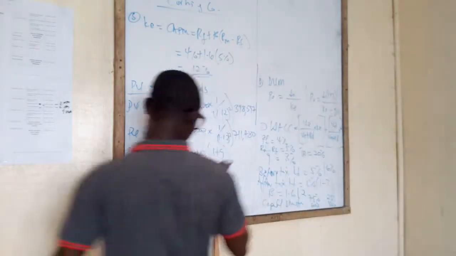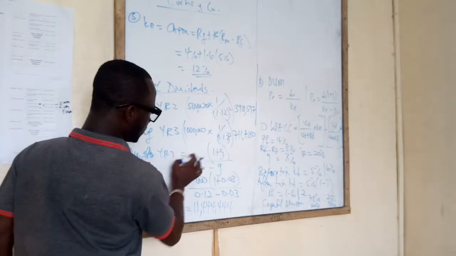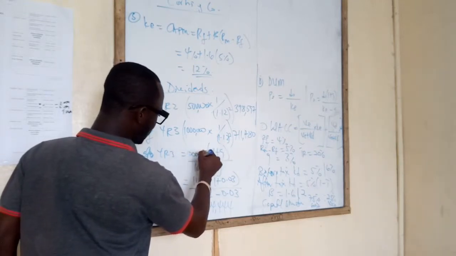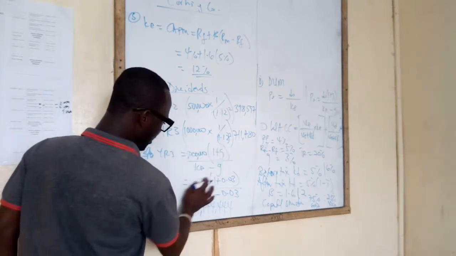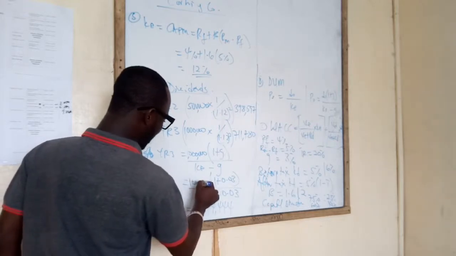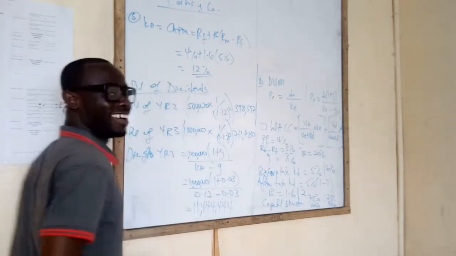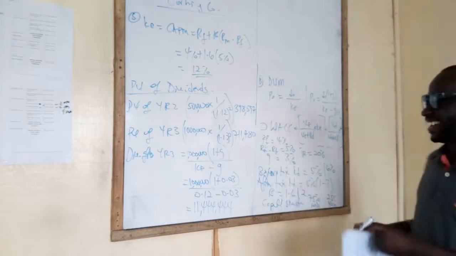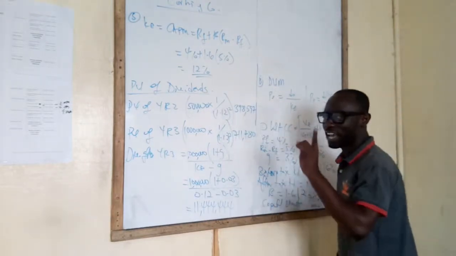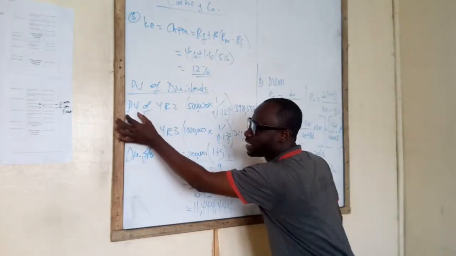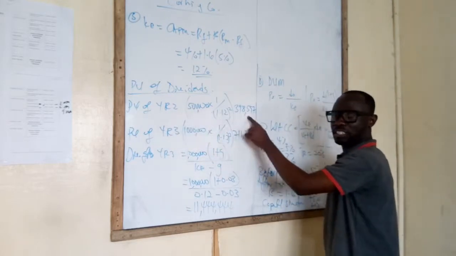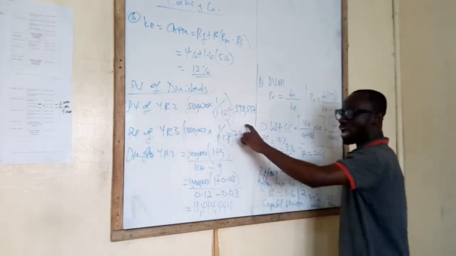Okay, so listen carefully. We've discounted the year 2's cash flow to get present value. Year 3 cash flow as well.